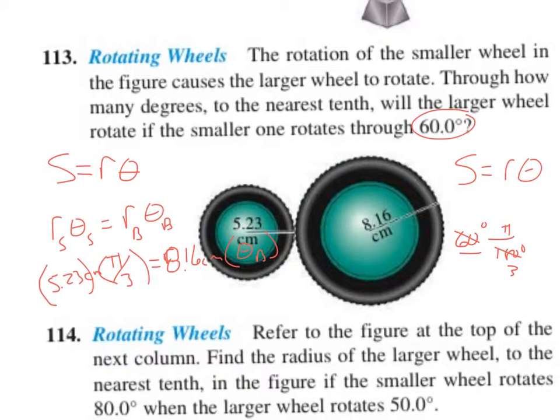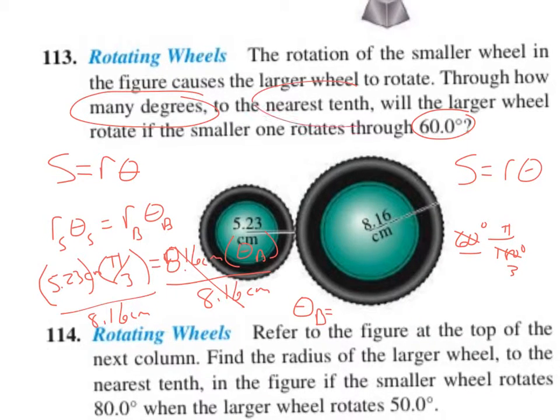So to get the angle of the bigger wheel, we are going to divide by 8.16 centimeters, all of this stuff over here. And it says when we get that, we're going to be surprised. It's not really a nice, neat answer, but we'll figure that out. It's going to be in radians, because the formula returns radians. And the question was through how many degrees, to the nearest tenth, in fact.